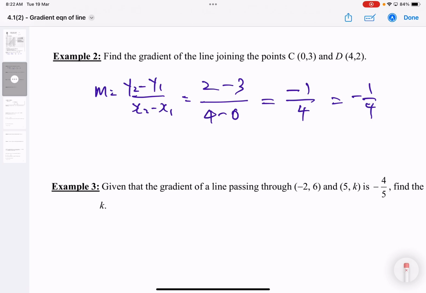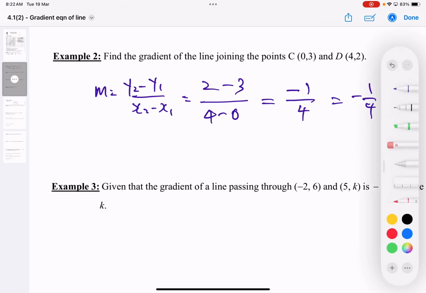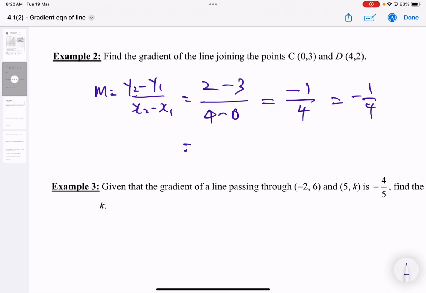Would you get the same answer? Try. So if I use it as a different y2, I take 3 minus 2 divided by 0 minus 4. What am I going to get? I'm going to get 1 over negative 4. I get negative 1/4.